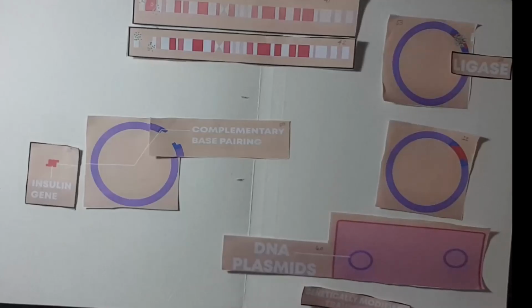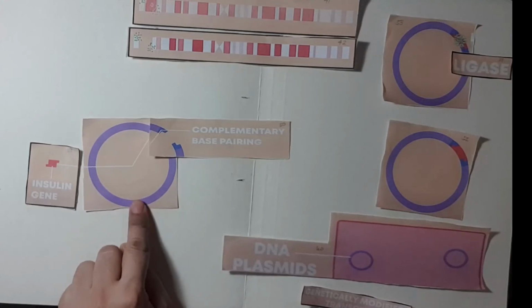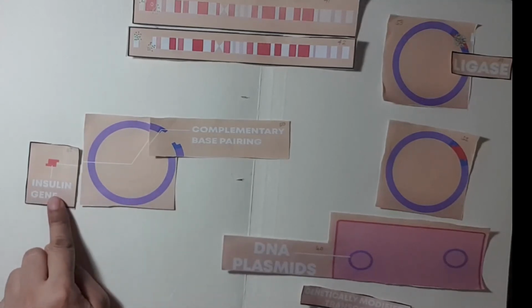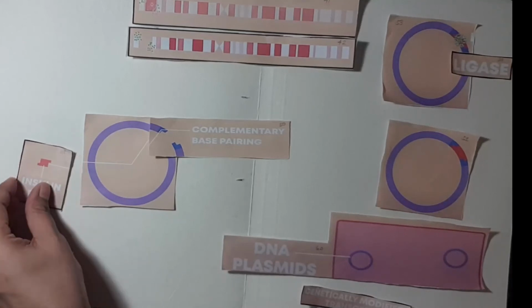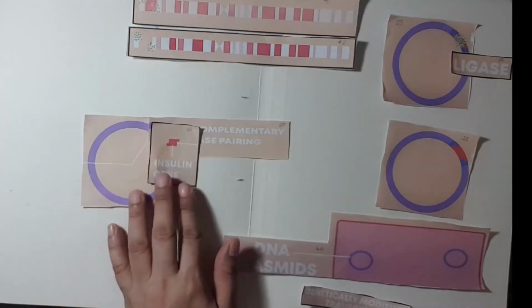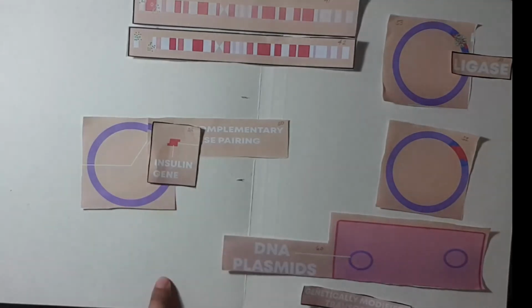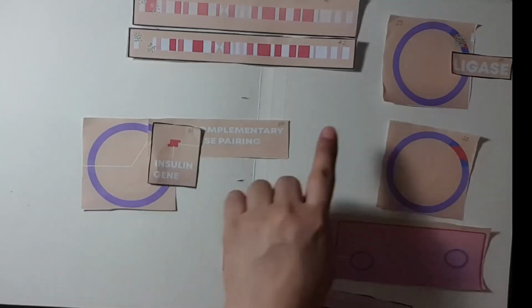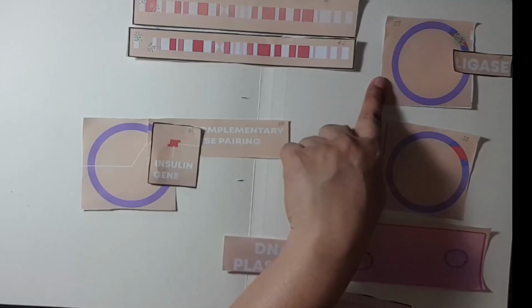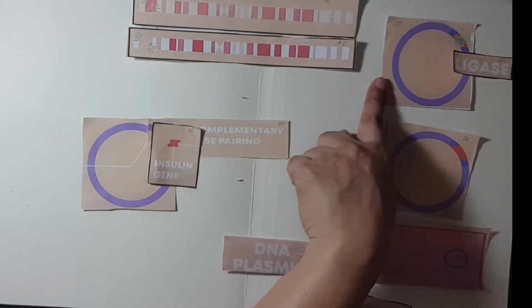Because the same restriction enzyme was used to cut both the human DNA and the bacterial plasmid, the sticky ends are complementary and will allow for joining using complementary base pairing. The insulin gene is joined to the plasmid by the sticky ends. The enzyme called ligase is used to complete the joining of the two pieces of DNA.